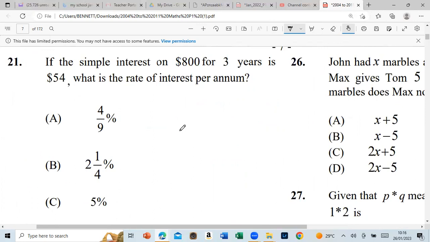If the simple interest on $800 for 3 years is $54, what is the rate of interest per annum? Go ahead and work about that.